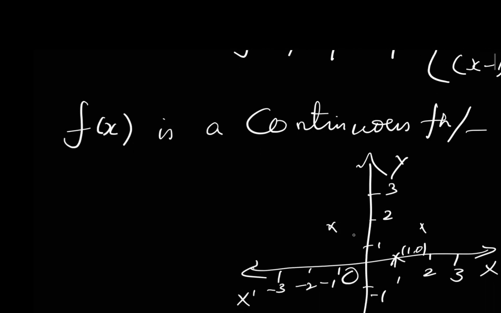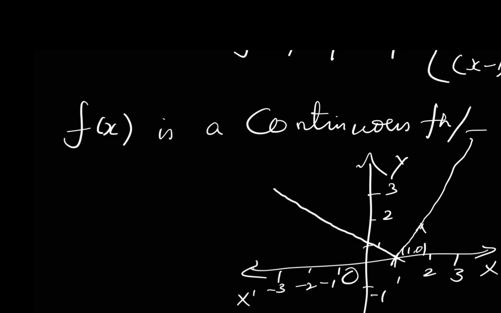For x as minus 2, minus 2 minus 1 is minus 3, minus of minus 3 is plus 3. So for positive and negative values of x, you are getting only positive values of y in the modulus.